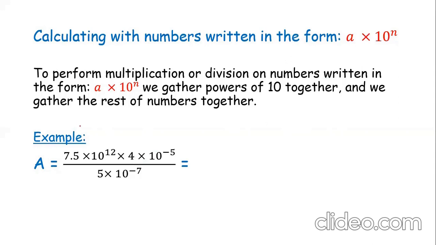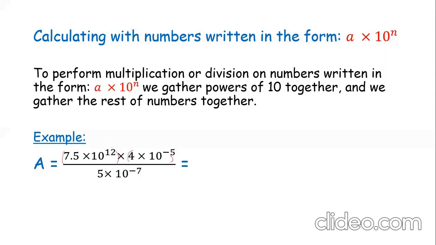To perform multiplication or division on numbers written in the form a multiplied by 10 to the power of n, we gather powers of 10 together and we gather the rest of the numbers together. For example, we want to find the value of this expression that contains numbers of the form a multiplied by 10 to the power of n.